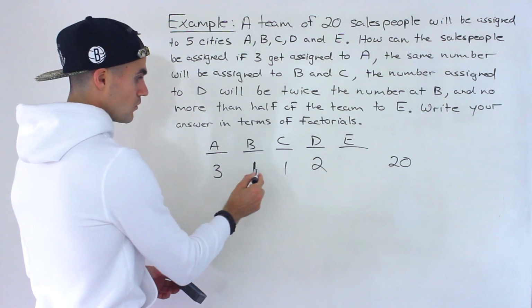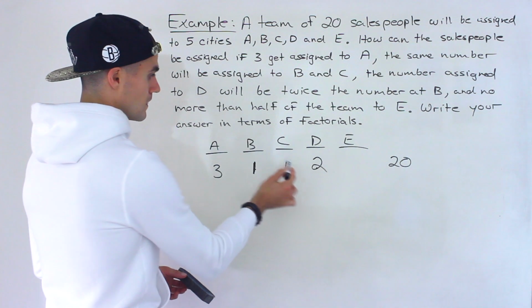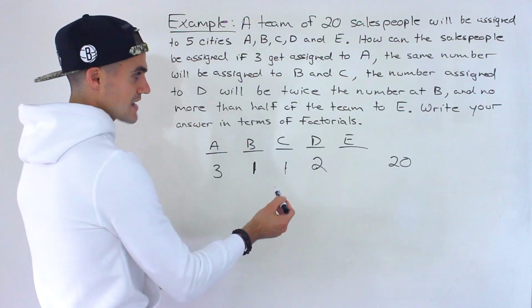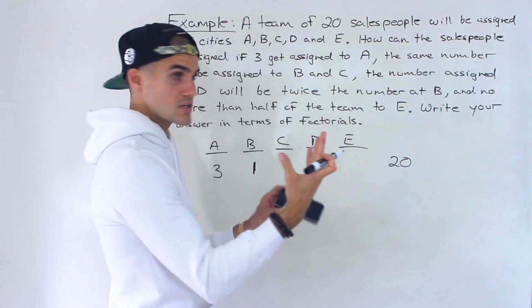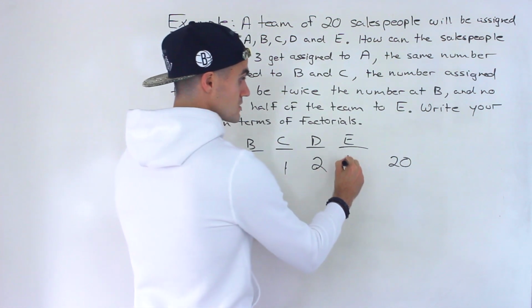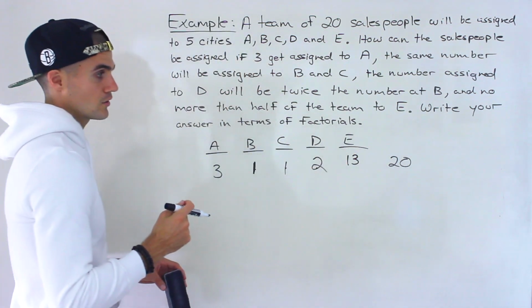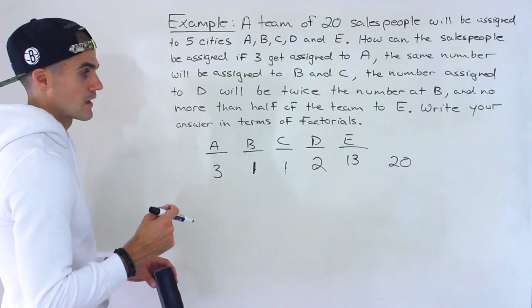If we got 3, 1, 1, and 2, when we sum those up, that's 7. So there's 13 salespeople remaining to be assigned, so 13 are going to go to city E.